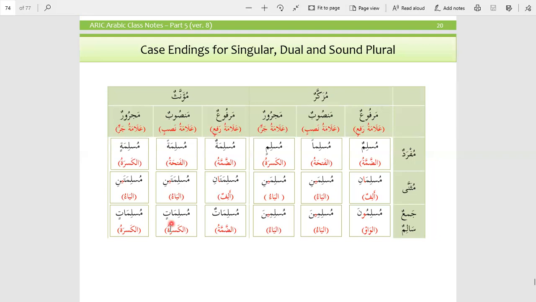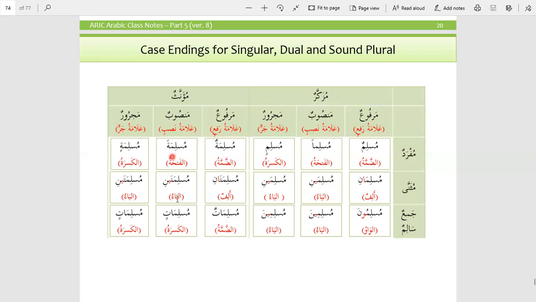Muslimatin is to Muslimatin. This kasra is a sign of it being mu'annath mansubun, alamatu nasb. So if you see this Muslimatin, you know that this kasra is pointing us to mansubun.